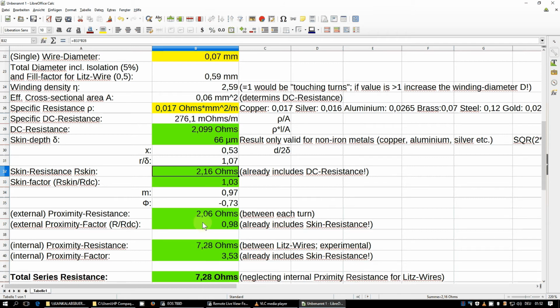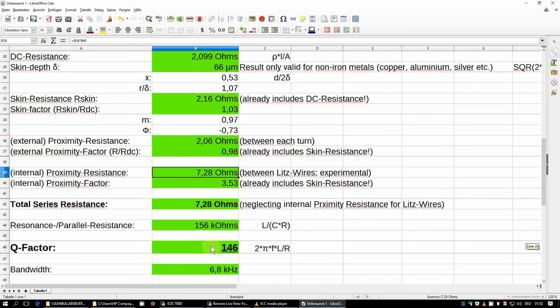So we basically don't have to care about the wrong external proximity effect, because the internal proximity effect seems to be the dominating factor, and this gives a Q factor at 1 megahertz with this special type of Litz wire and with the dimension and number of turns of 146. And I already once have measured this coil, and I think I can remember that it was somewhere between 100 and 200. I even think it was nearer to 100, so even a little bit worse than we get here.